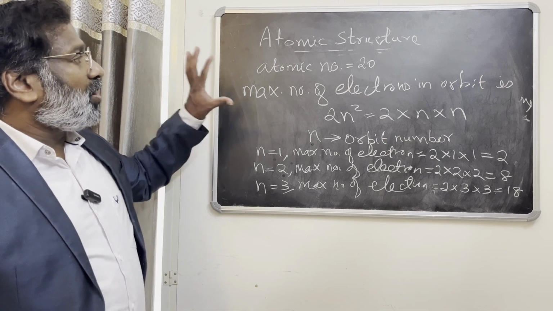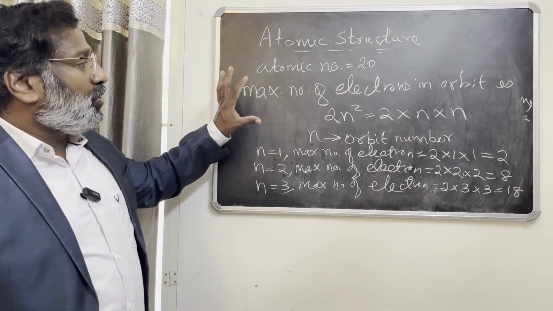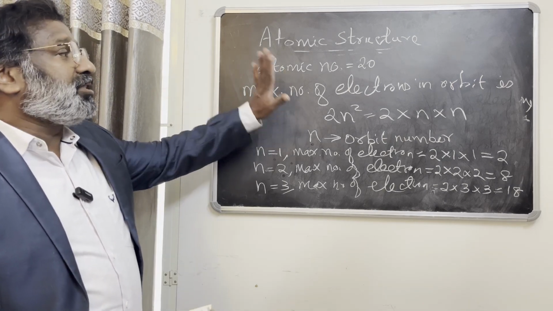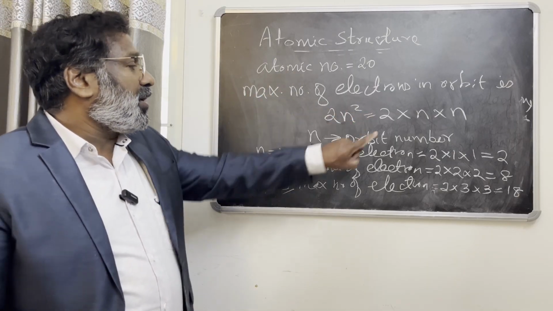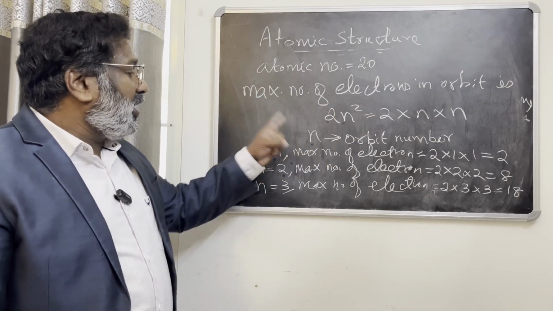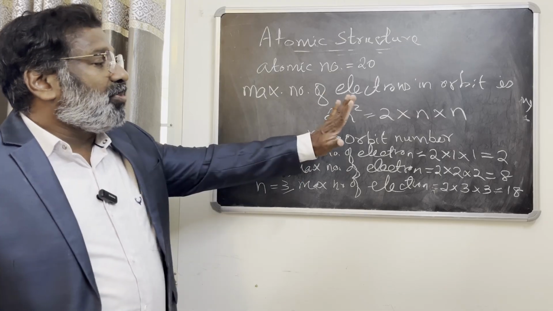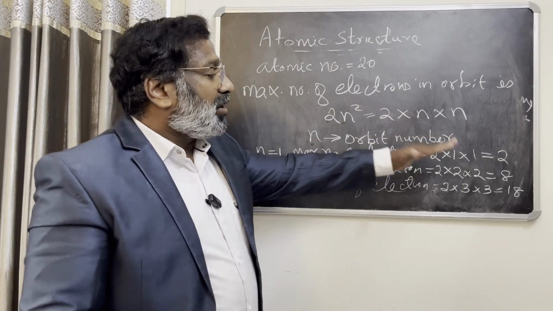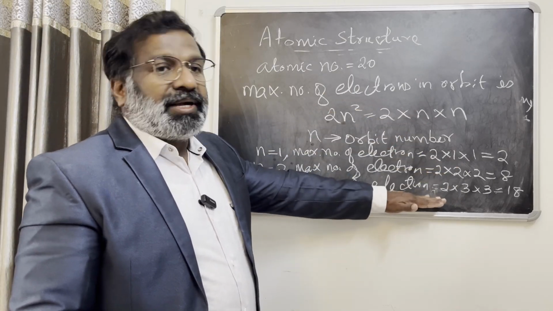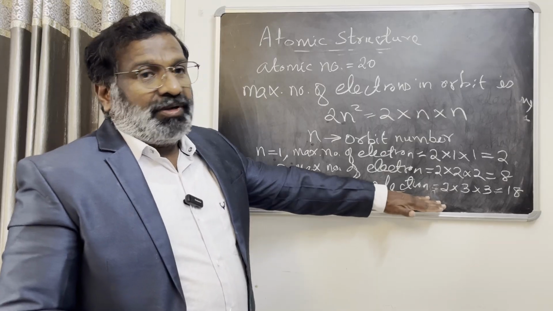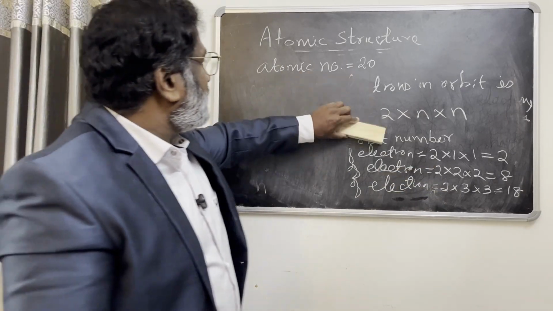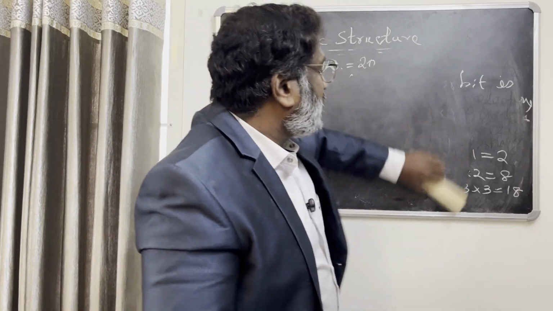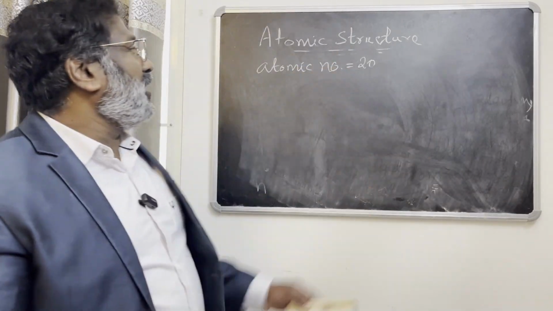So in order to draw the atomic structure, you should know the maximum number of electrons that can be accommodated in an orbit, which is equal to 2n square, where n is the orbit number. Accordingly, the first orbit can accommodate a maximum of 2 electrons, the second orbit 8, and the third orbit 18. So what is the question now? We have to draw the atomic structure for an atom whose atomic number is 20.